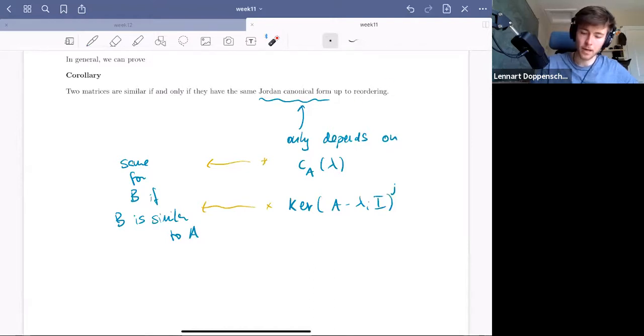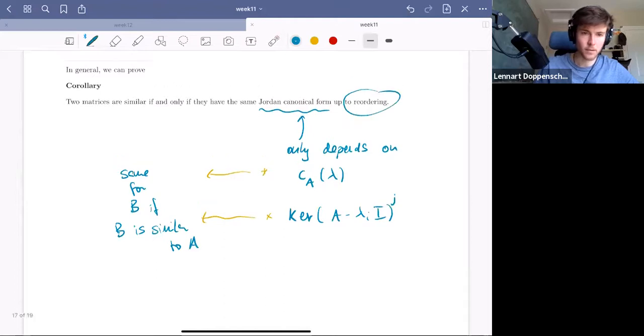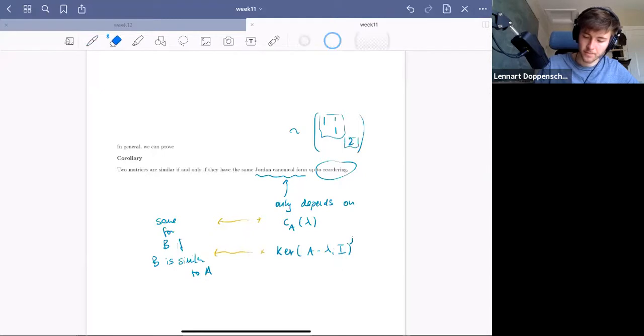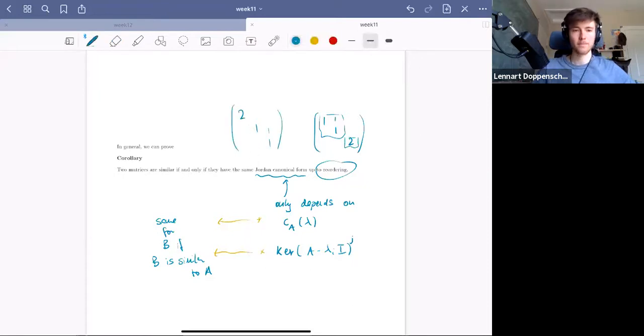And on the reordering, well, I think there was a question, right? If you have a basis with the Jordan blocks maybe 1, 1, and 2, then if you reorder the basis, you could have the Jordan block up there. And of course, then they are different.